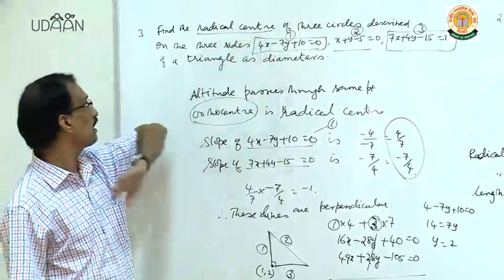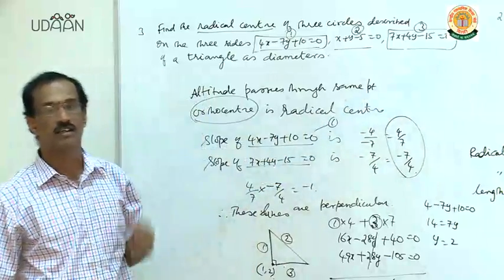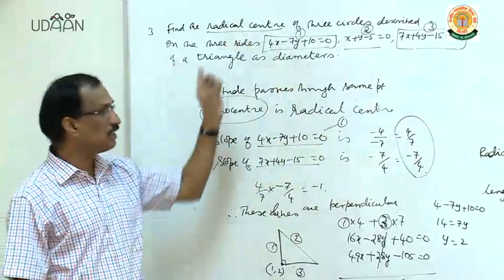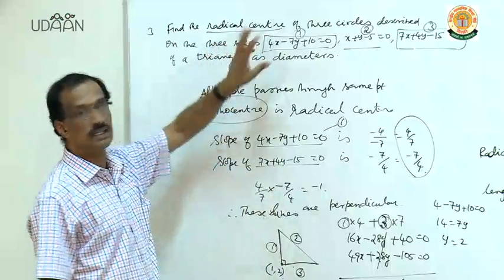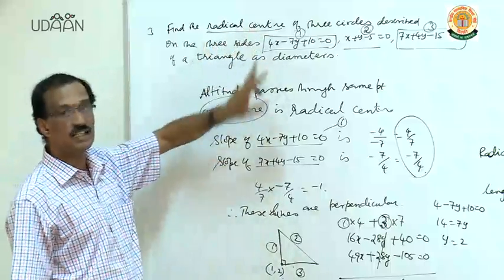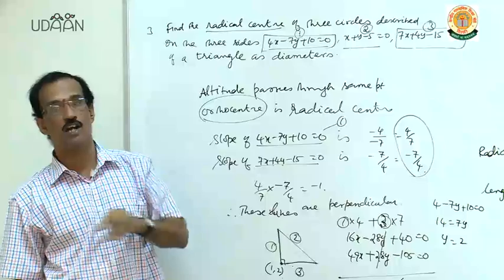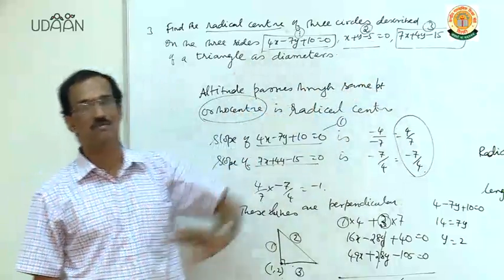What is given in the question? Three equations of the sides of a triangle are given, and circles are drawn with those sides as diameters. Then what will be the radical center? The radical center is the same as the orthocenter if the circles are drawn with these sides as the diameter.